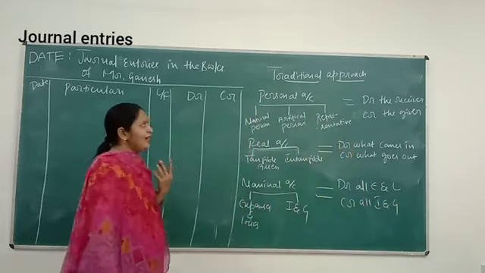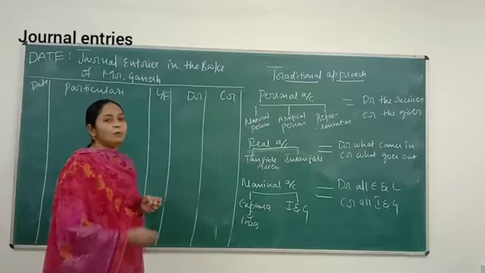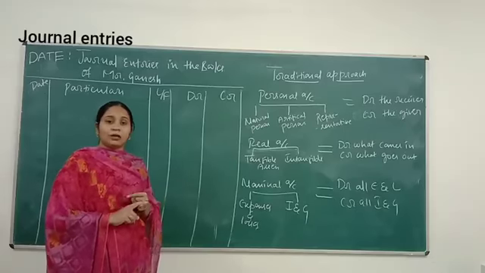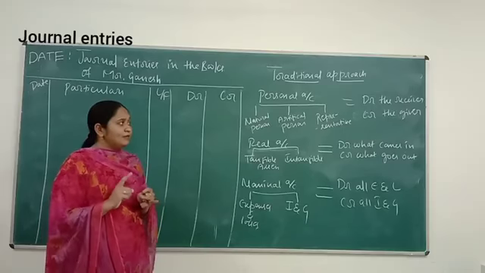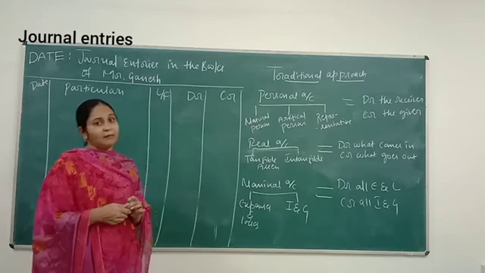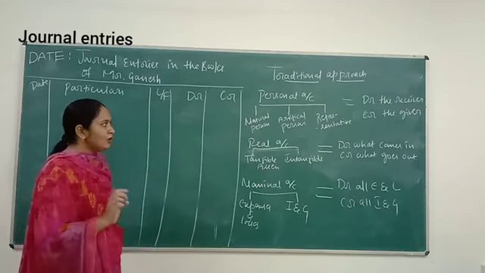Any one of these methods you can use to pass the journal entries, either traditional or modern approach, but you will arrive at the same answer. You need not worry.